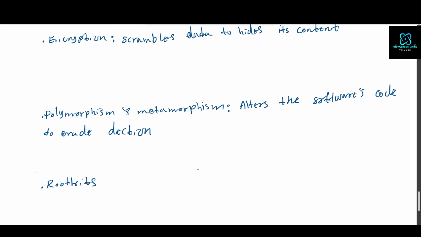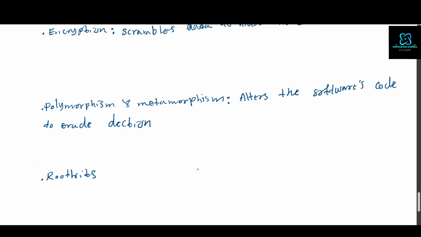The third one is the rootkit obfuscation technique. A rootkit in itself is a type of malware. We are going to talk about it specifically when its turn comes. Here they conceal the presence of spyware on the system.